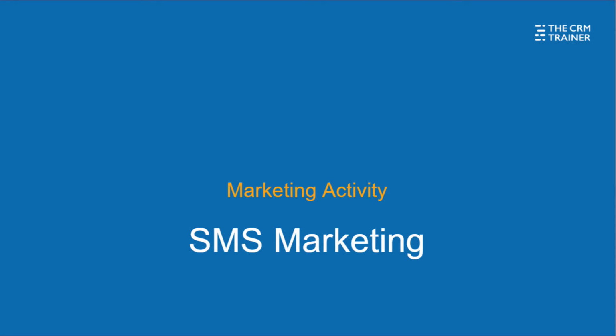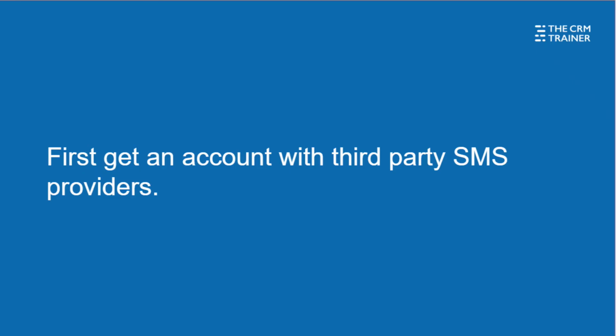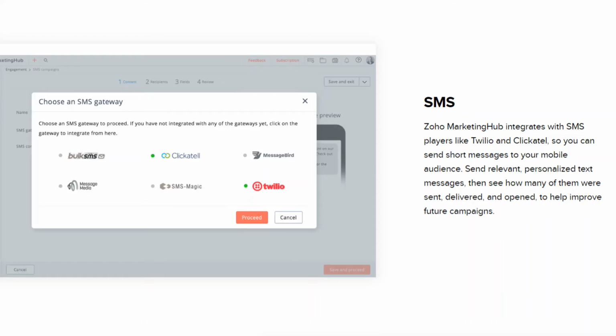SMS marketing, also known as text messaging. You can send out SMS messages from the CRM system, but before you do that, you will need an account with a few third-party SMS providers. Have a look at the Zoho CRM website to find out what are the current SMS providers that are supported.